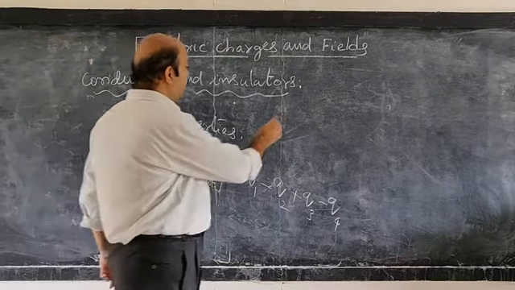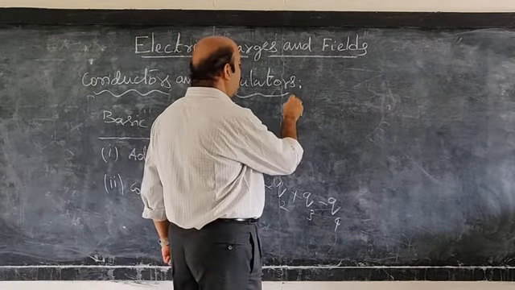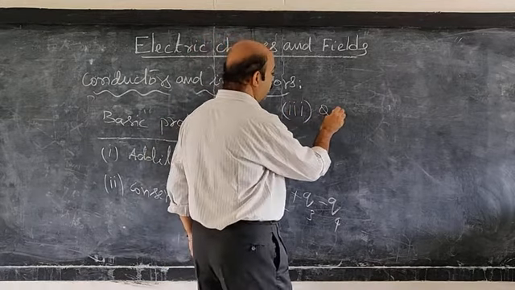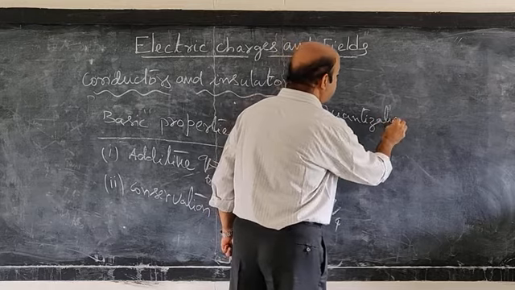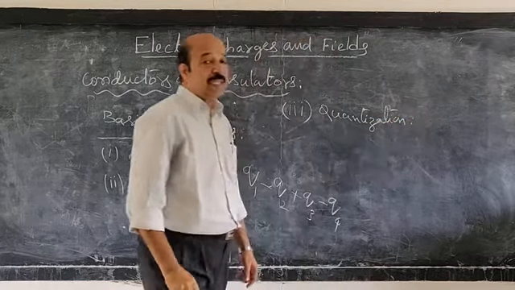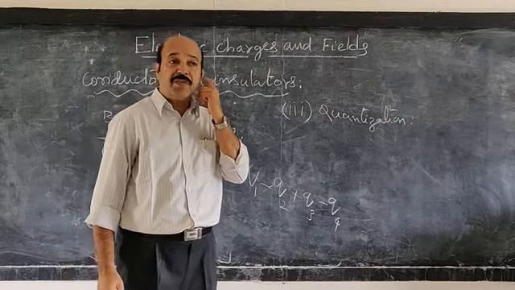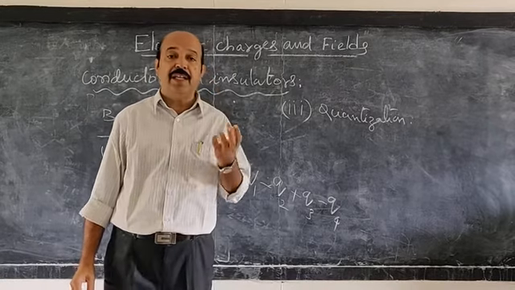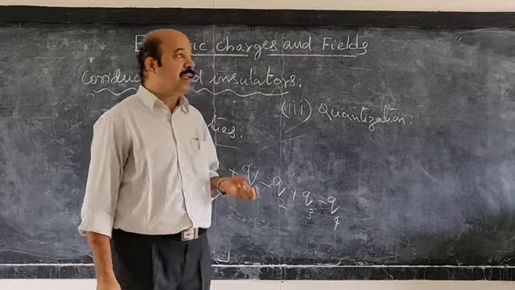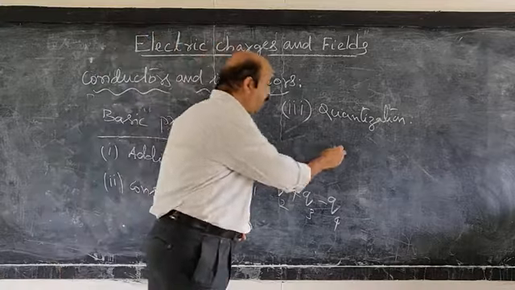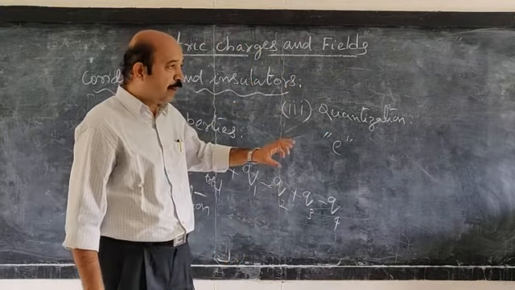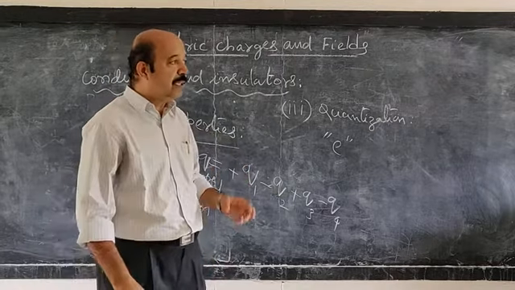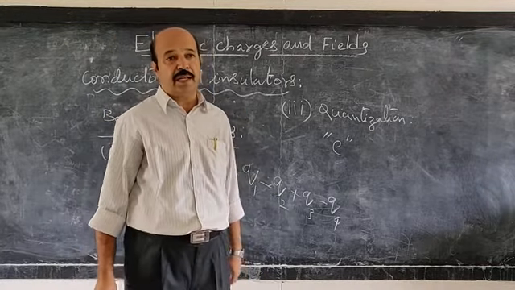And the third property is quantization. Through several experiments, scientists found that electric charge on any body exists in integral multiples of a charge of a particular value. That particular value was later found to be the charge possessed by an electron.